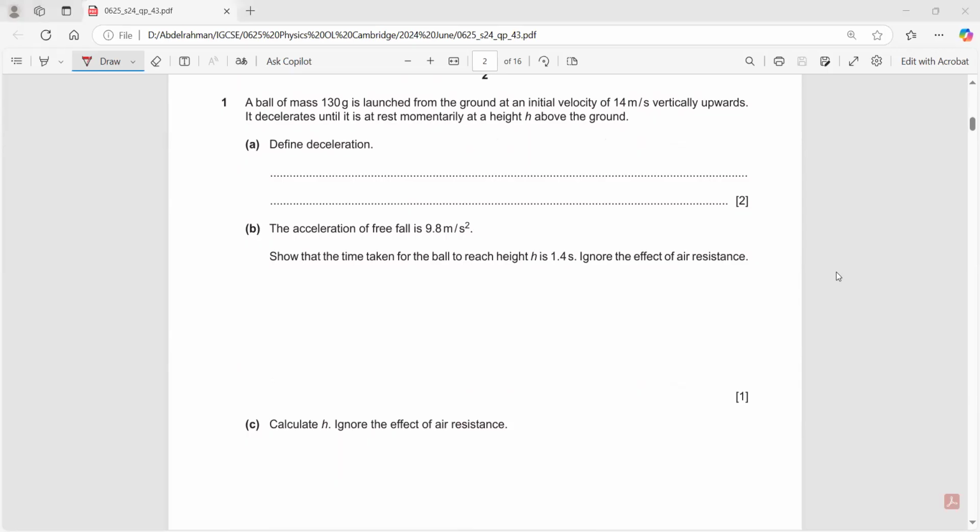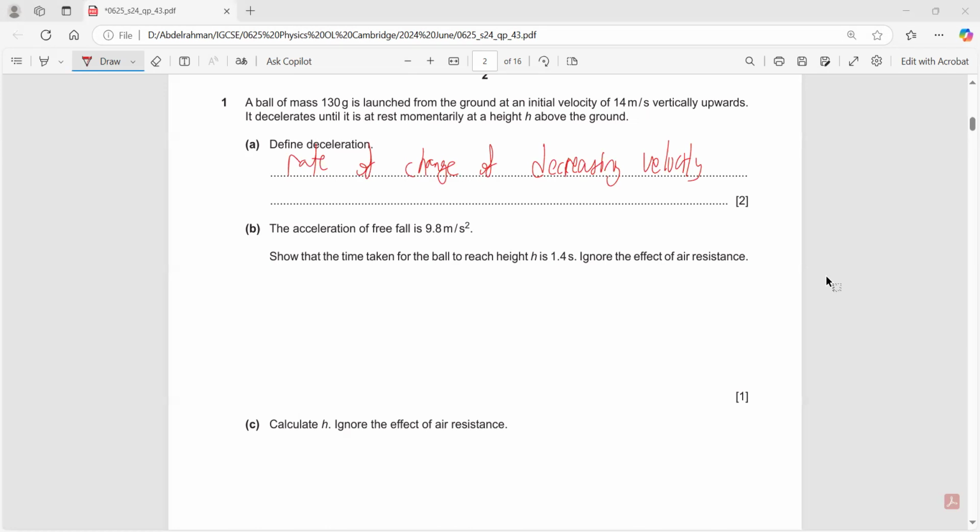It's the rate of decreasing velocity, you can say, or you can say it's the negative acceleration. Rate of change of decreasing velocity. Basically it's decreasing or negative acceleration, or you can say it's the negative rate of change of velocity.